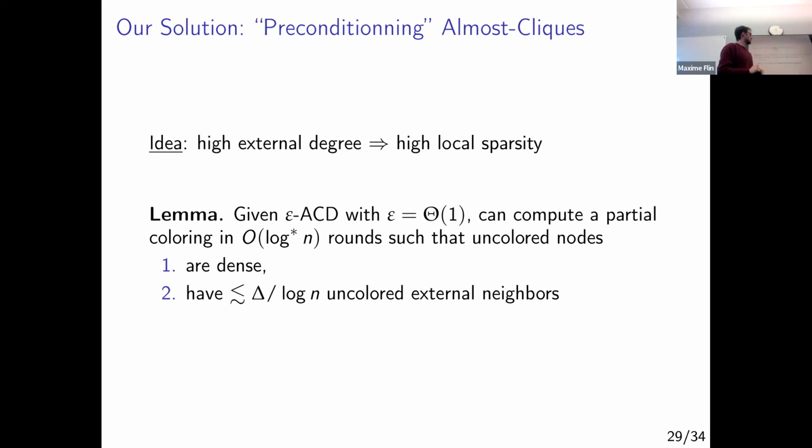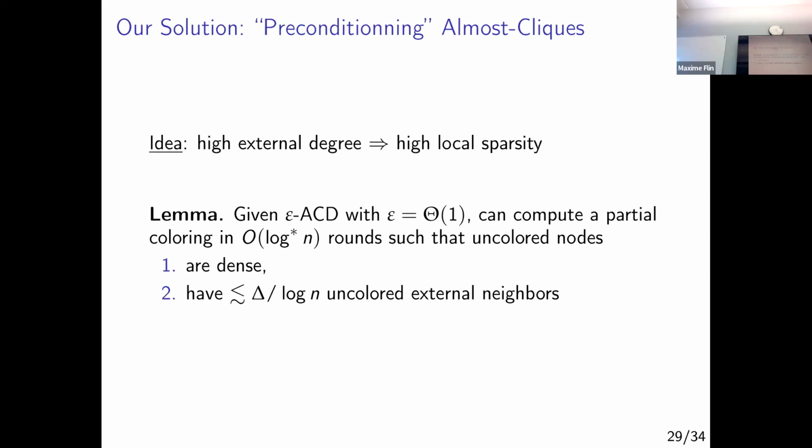So what you can do now, if you're a bit careful, and I don't know how much time I have, I don't really want to get more into the details of it. I can explain it more later. But if you're careful about the order in which you color the cliques and how many nodes with high external degree you have, you can manage to get rid of all the cliques that would have been a problem when you run the augmented algorithm.